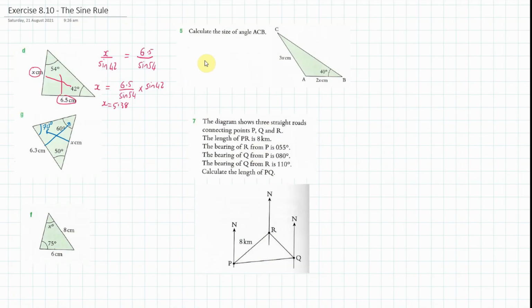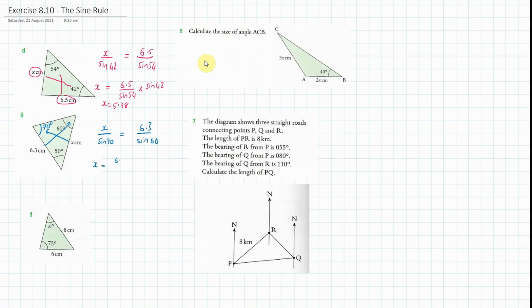So you can use other rules like angles in a triangle add up to 180 to figure out an unknown angle. Okay, now, so we'll write x, our unknown, over the sine 70 is equal to our 6.3 over our sine 60. We rearrange that just like I did in the first one.